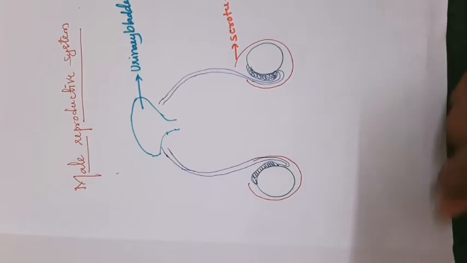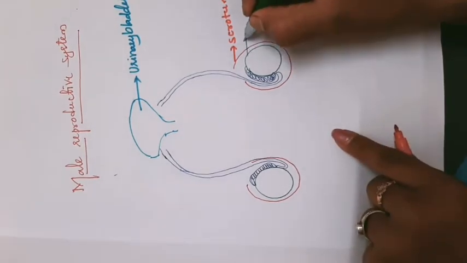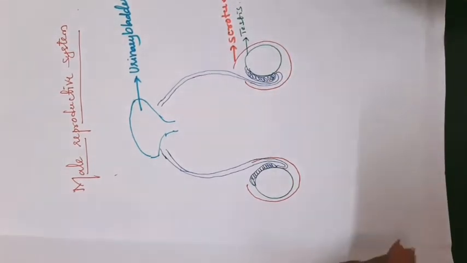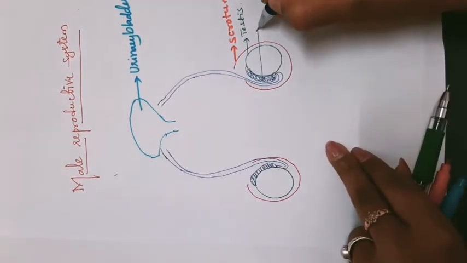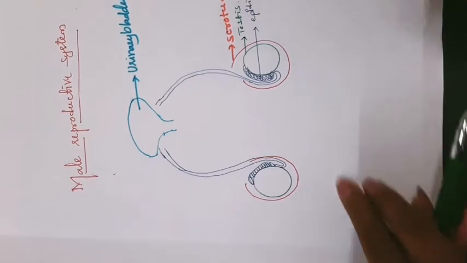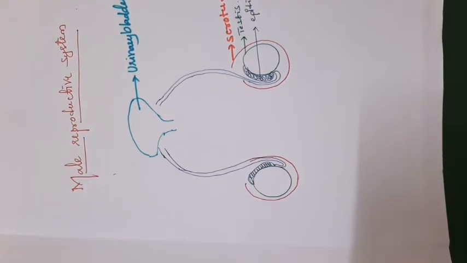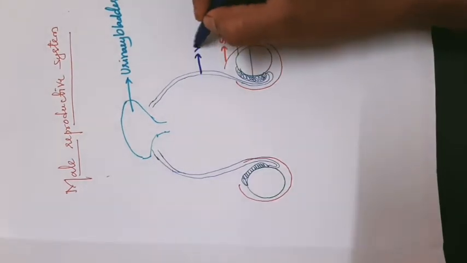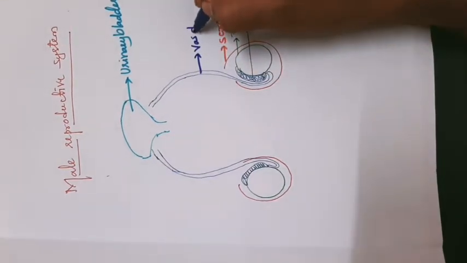The oval shaped structures are called the testes. The loop-like structure is called the epididymis. A small tube-like structure which arises from the epididymis is called the vas deferens.